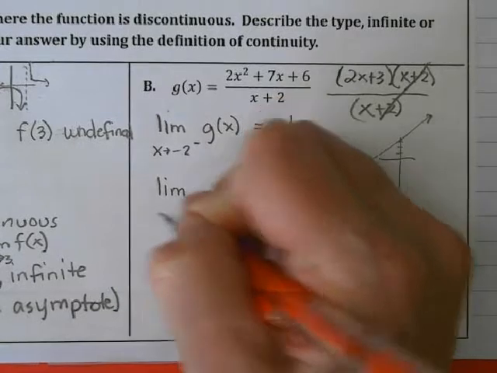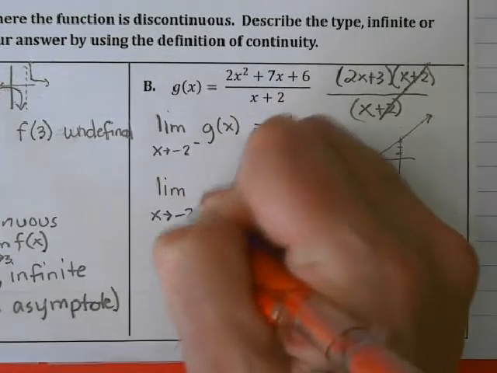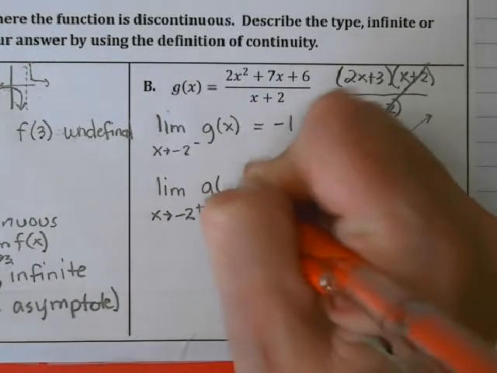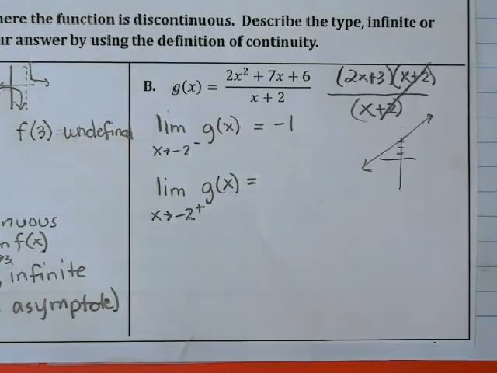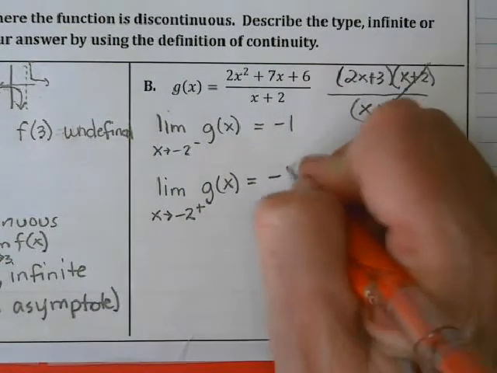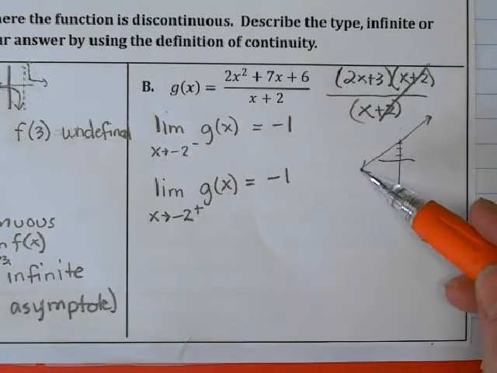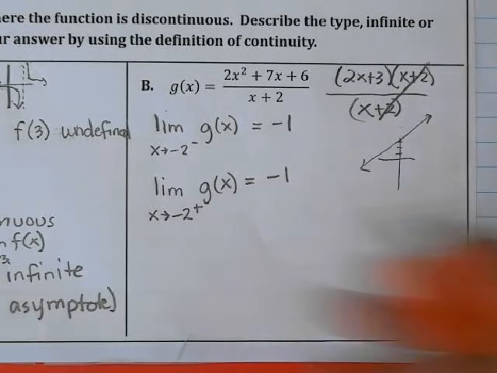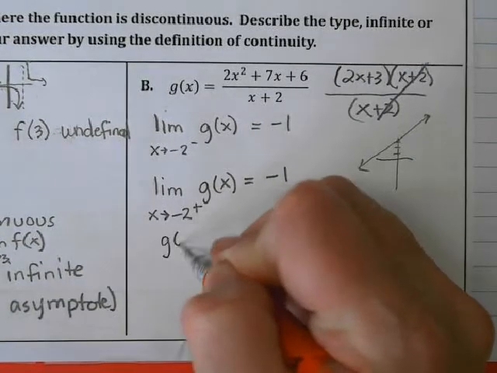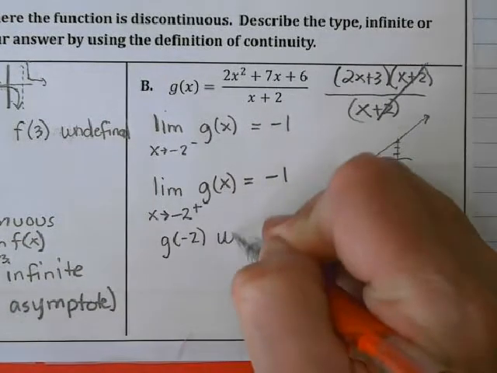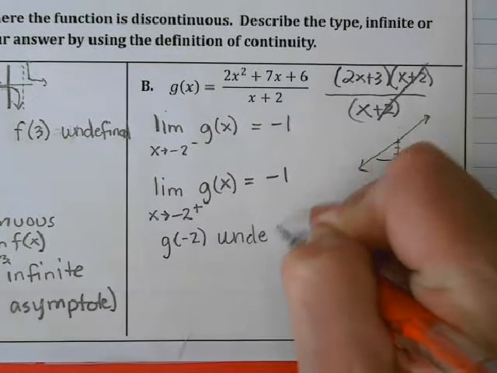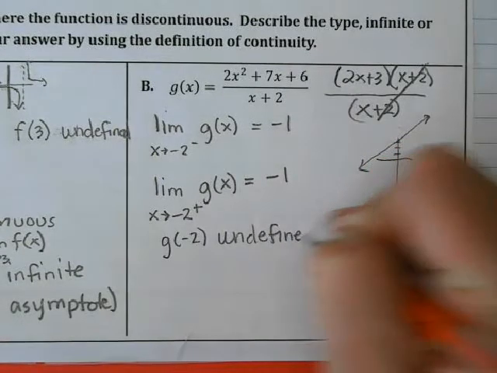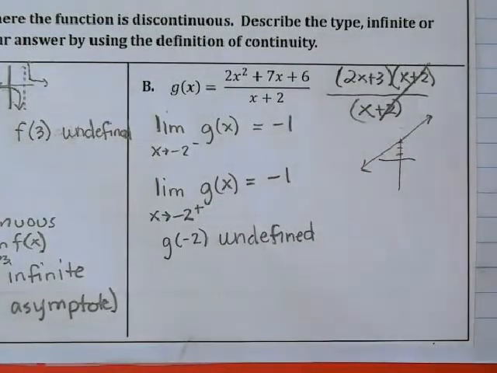Okay, the limit as x approaches negative 2 from the right. Again, direct substitution, and I know that works because this is a line. Okay, g of negative 2 is undefined because there's a hole at that point.